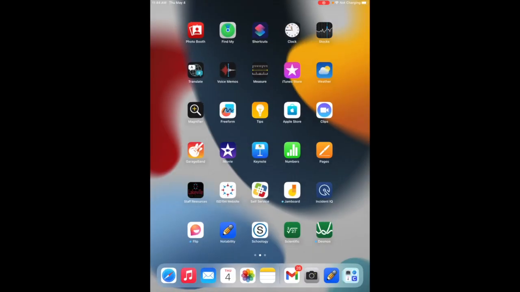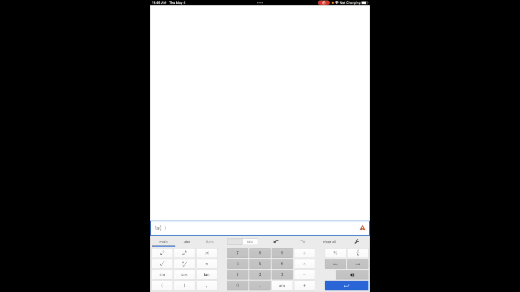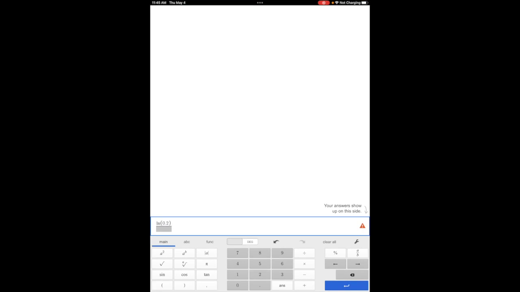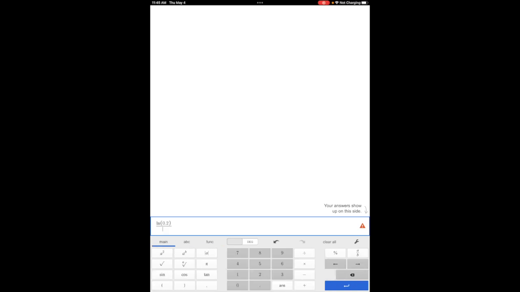And when I type in the natural log of 0.2, I'm going to divide it by negative 0.054.